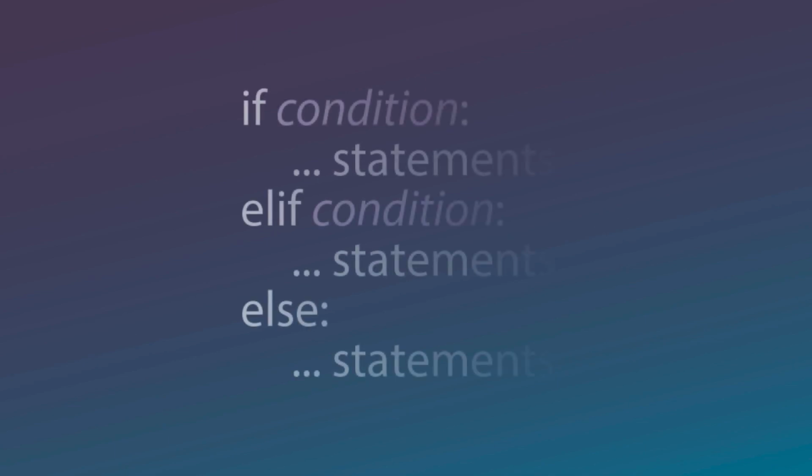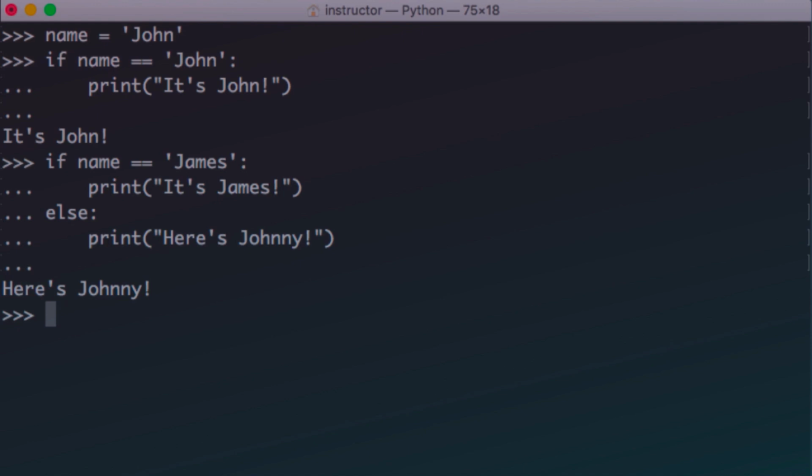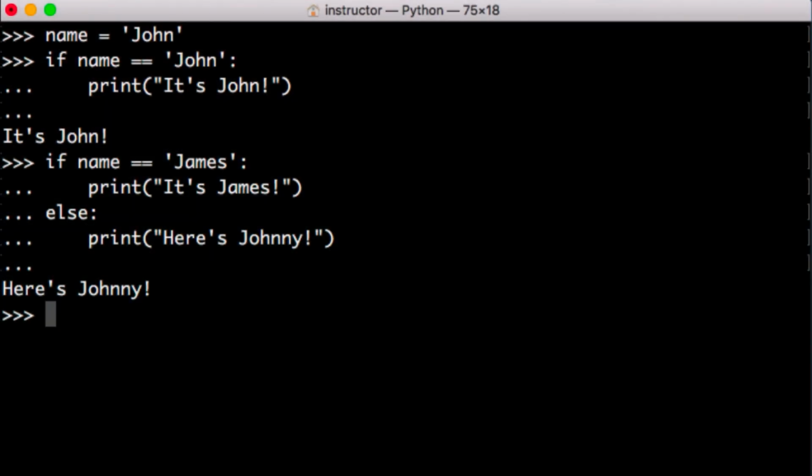Finally, we have a third conditional that can further test another comparison if the first if is false. It's called elif, and it means else if. In the previous example, it's dangerous to assume that if the name is not James, then it has to be John. So we'll use an elif instead.